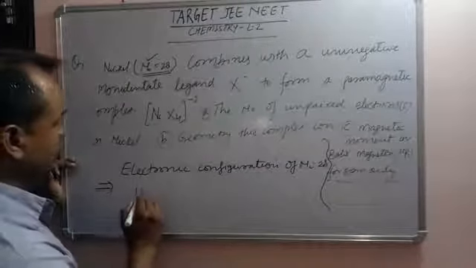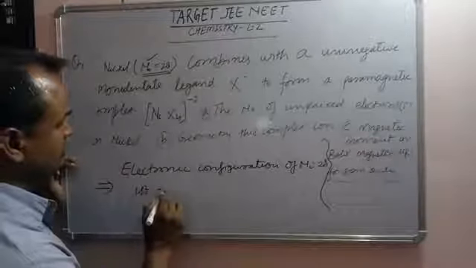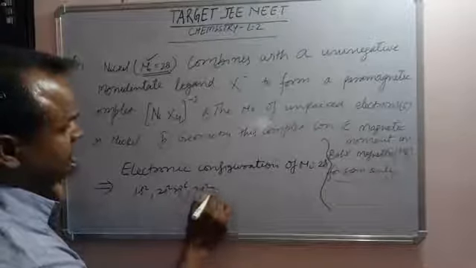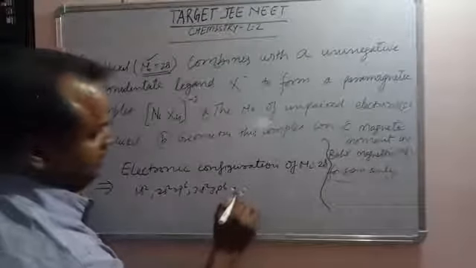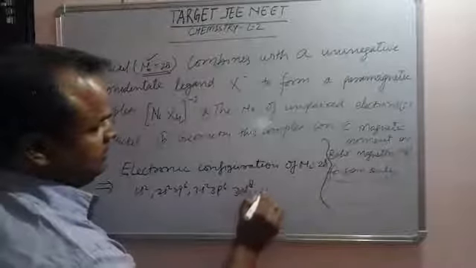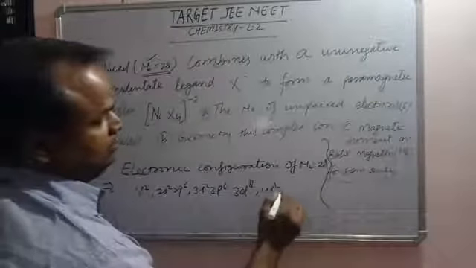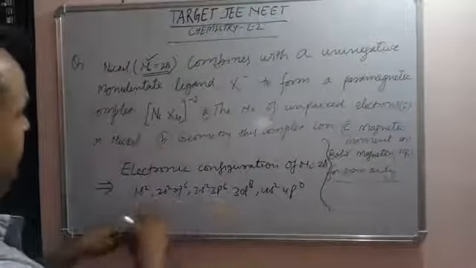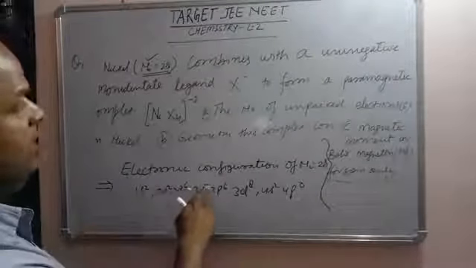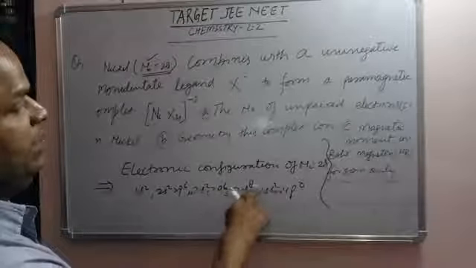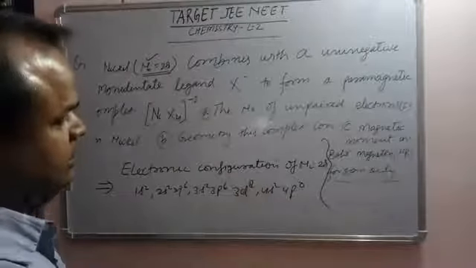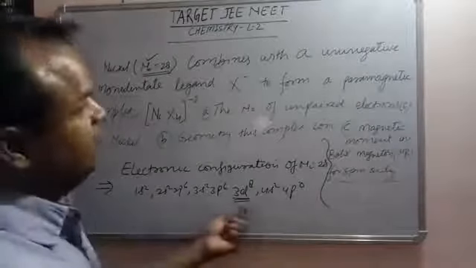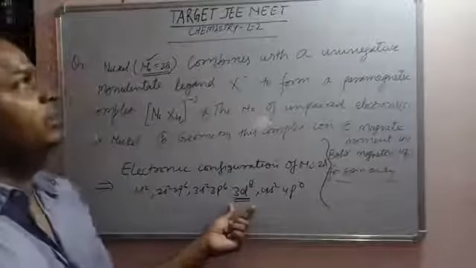So first one is 1s2, 2s2, 2p6, 3s2, 3p6, 3d8, 4s2, 4p0, like this. If you add, this becomes 28. 2 plus 2 is 4, plus 6 is 10, plus 2 is 12, plus 6 is 18, plus 8 is 28, like this. So here you can see the last electron comes in the d orbital.